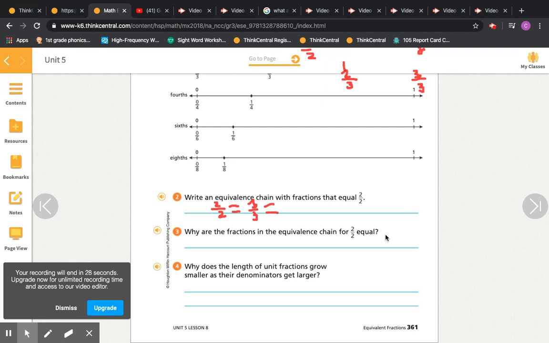For example, you can say that their lengths are the same, or that they are located at the same points, and so on. And in number 4, it's asking you, why does the length of unit fractions grow smaller as their denominators get larger? And what you can say there is that there are more equal parts in the same whole, or the same distance. So each part must be smaller, okay?